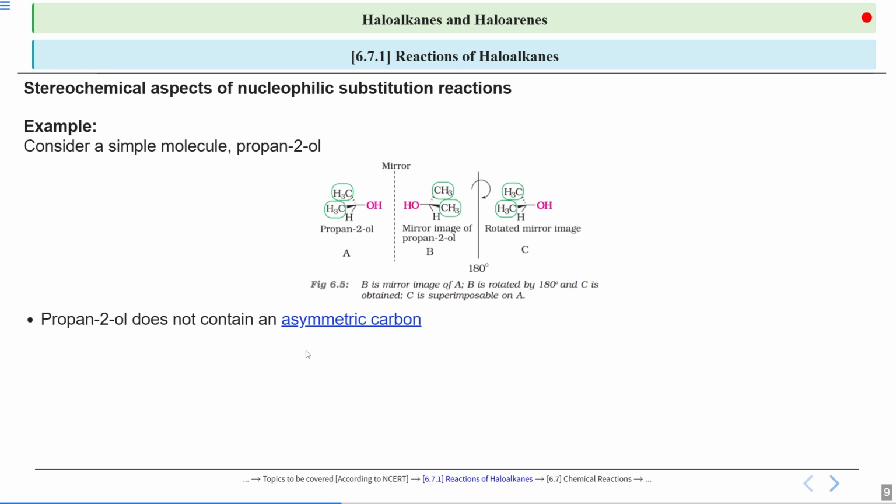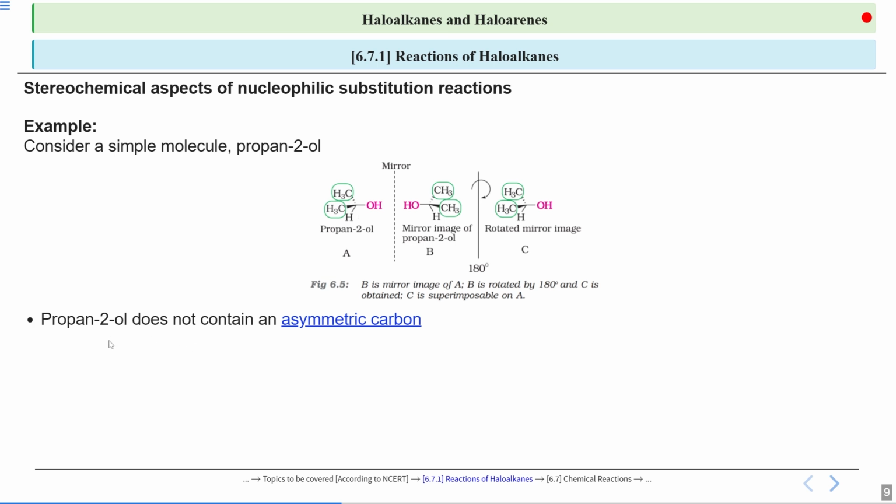So propan-2-ol does not contain an asymmetric carbon. That means there is no carbon in propan-2-ol where all the substituents are different, right?